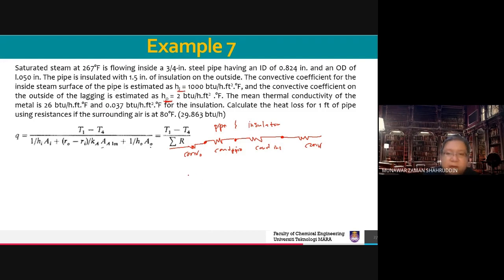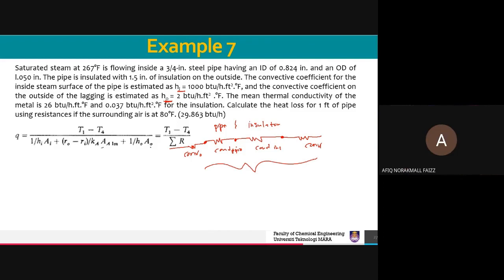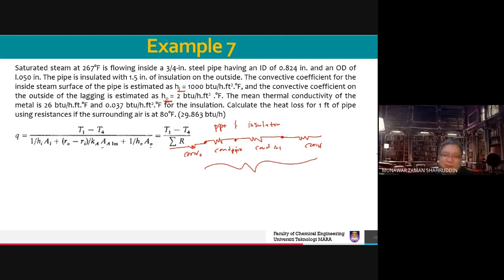So how many layer that you have? Berapa layer? 4. 4 layers. Okay. So you ada 4 layers. So bila ada 4 layers, this one is referring to convection. But you have to be very careful lah. Kalau HI tu are referring to inside, so HI you tengok HI lah. Kalau H0 tu referring to outside, so you tengok H0.